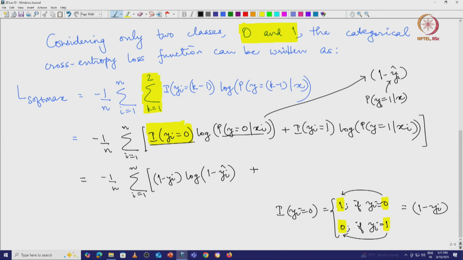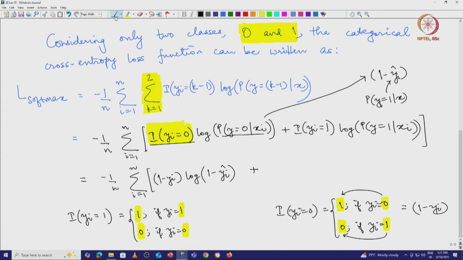This next term here has the indicator function for yi equal to 1. So how can this be written? So yi equal to 1 is 1 if yi is 1 and it's 0 if yi equals 0. So here you see that the indicator is 1 if yi is 1 and it's 0 if yi is 0.